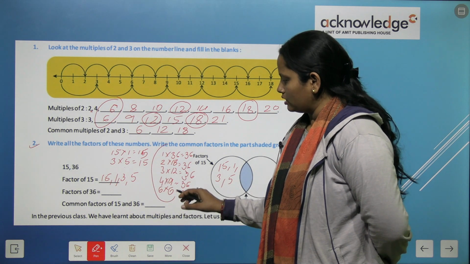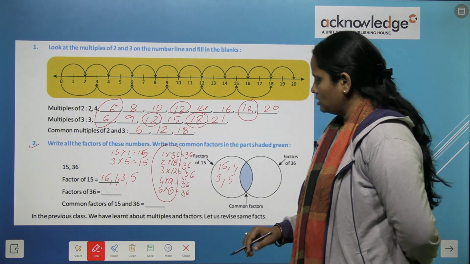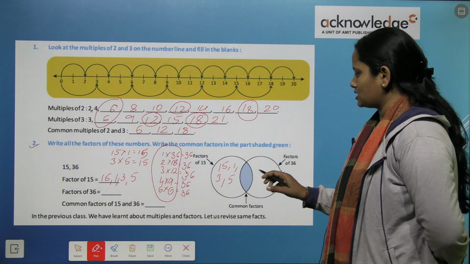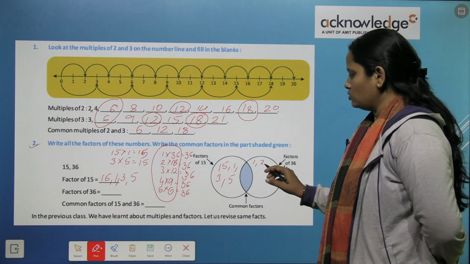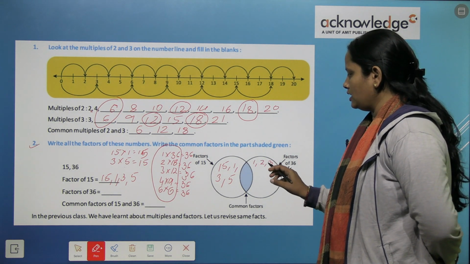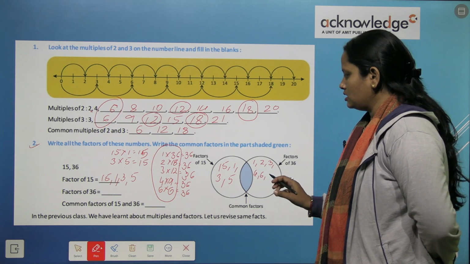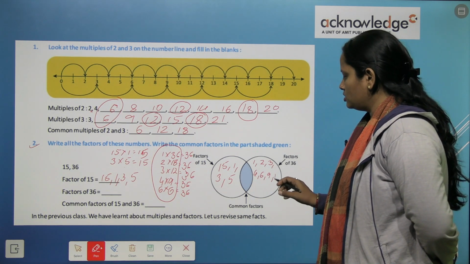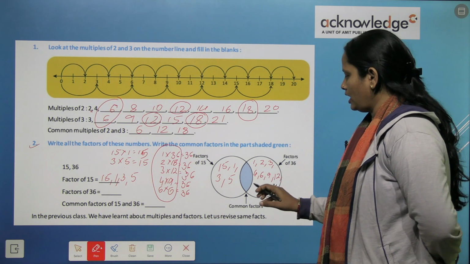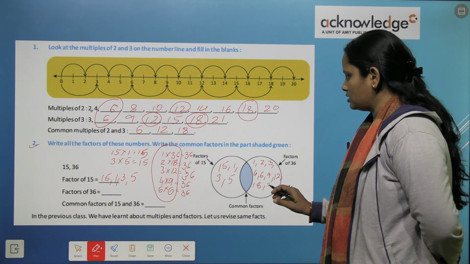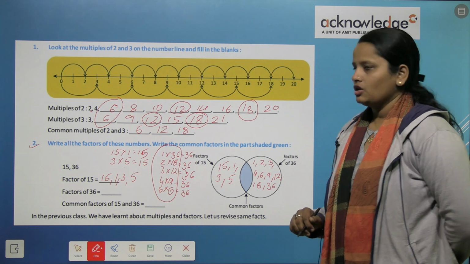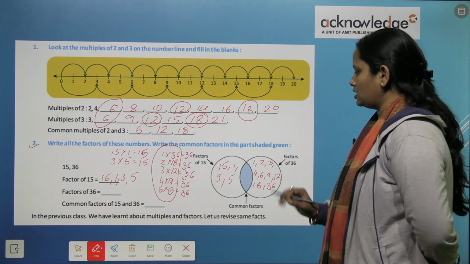So these are the factors. So क्या क्या factors हैं 36 के: 1, 2, 3, 4, 6, 9, 12, 18 and 36. तो ये सारे जो नंबर्स हैं ये फैक्टर्स हैं 36 के.